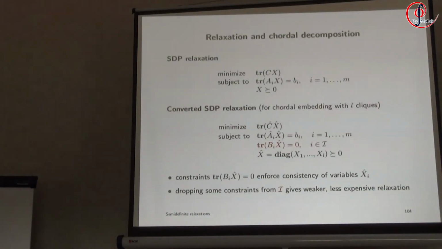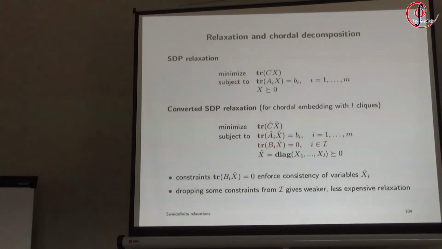So in problems with graph structure, as in this power flow problem, the coefficients in the relaxation will inherit some of this graph structure. So suppose this comes from some SDP relaxation with some sparsity structure and coefficients. We use this conversion method or decomposition method, and these would be all the consistency constraints.